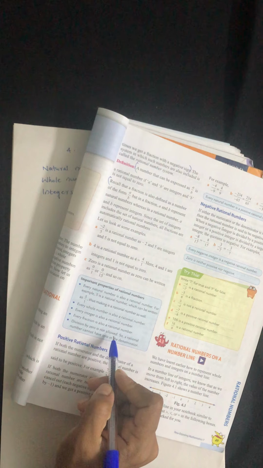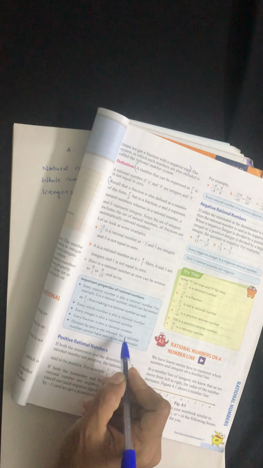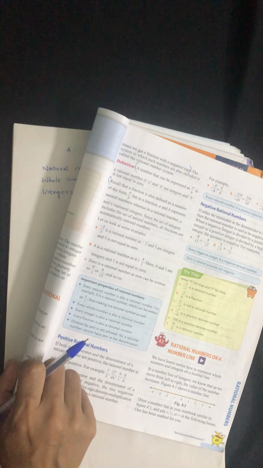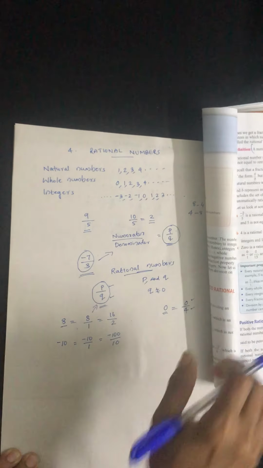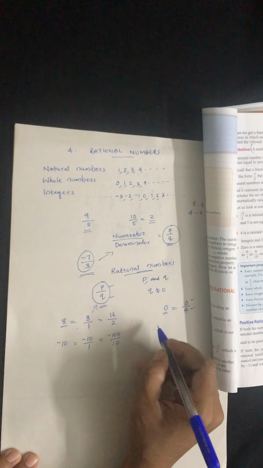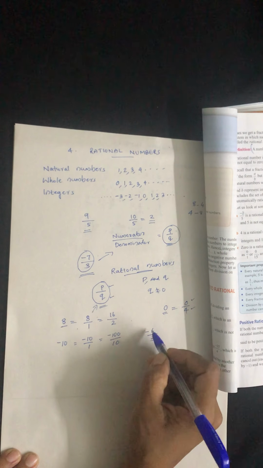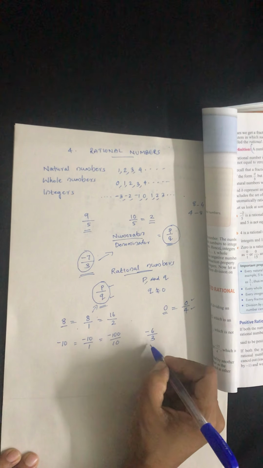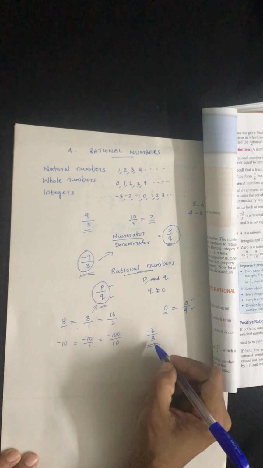And if you think about its reverse, is every rational number a fraction? Are all rational numbers fractions or not? Take one example, minus 6 by 3. Minus 6 by 3 is a rational number. Minus 6 is an integer, 3 is another integer.